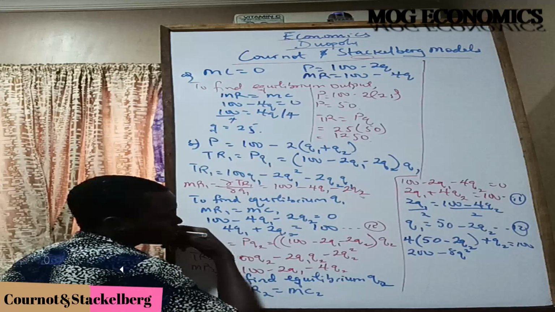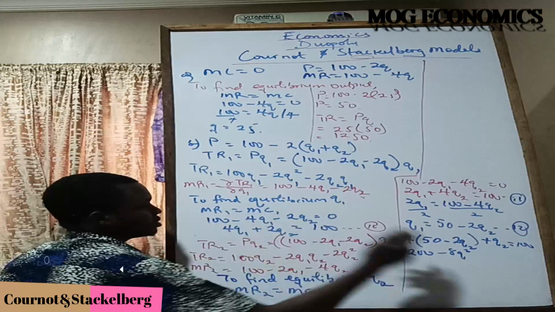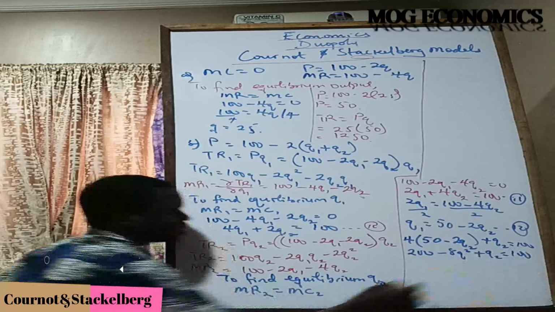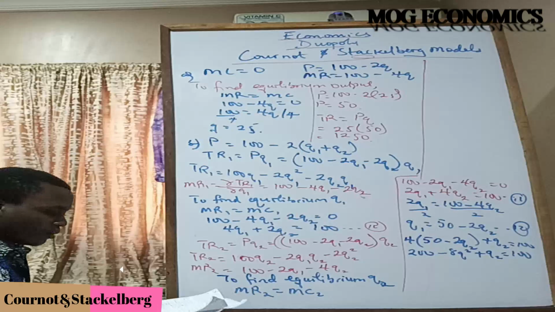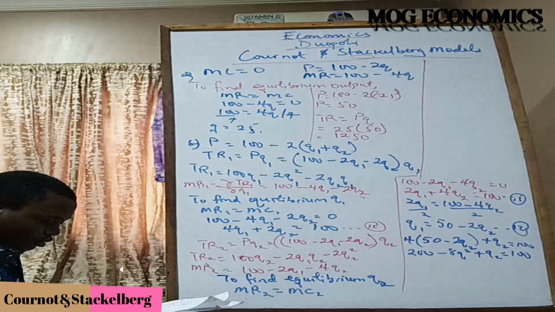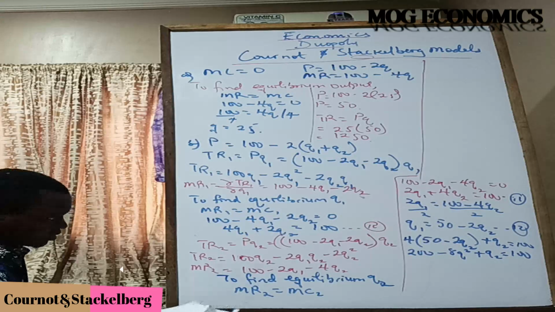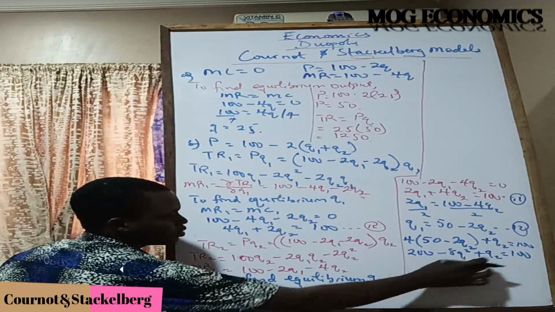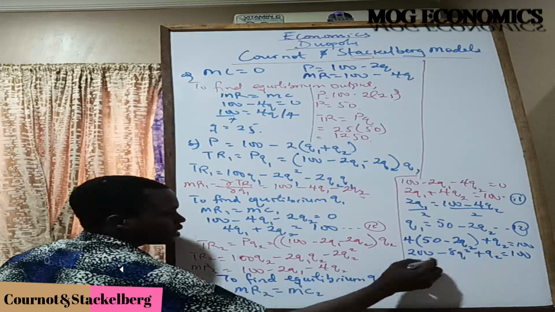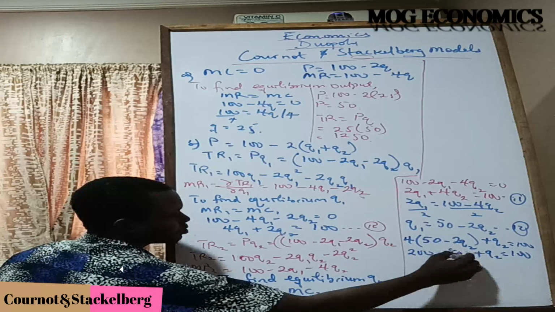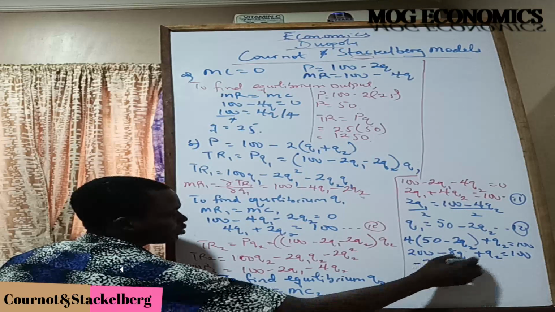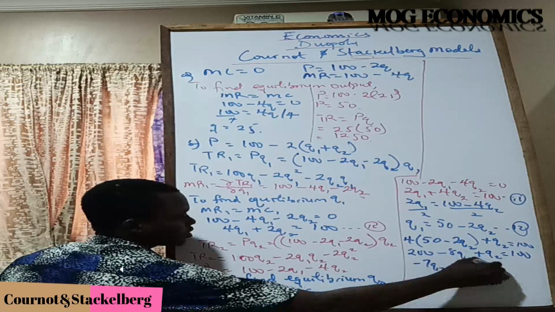Is this going to be correct? Plus Q2 equals 100. I'm already looking at what is going on there. We should be having a decimal, and I think we will. So minus 8Q2 plus Q2 gives minus 7Q2 equals 100 minus 200, which is minus 100.